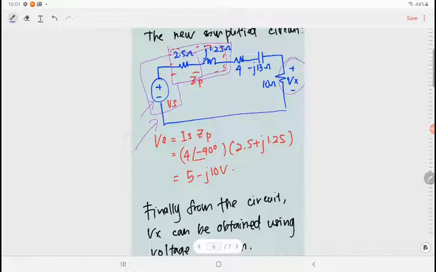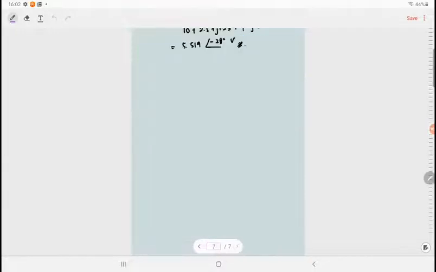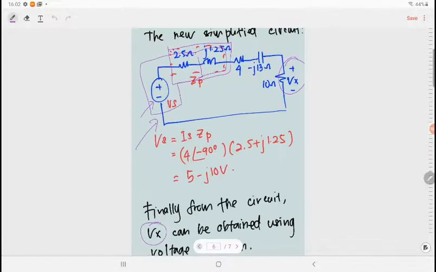We know that in a series circuit the current is the same throughout the circuit, but the voltage is different for each element. So therefore we can apply the voltage divider rule, or voltage division, to calculate the value of Vx. All right. So hopefully you remember how we use voltage division. From the circuit, this is our Vx, right?